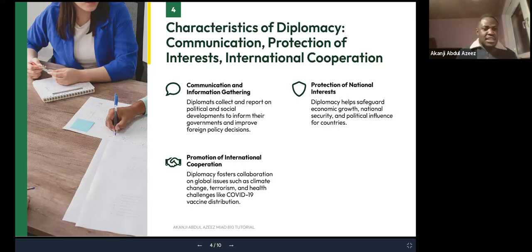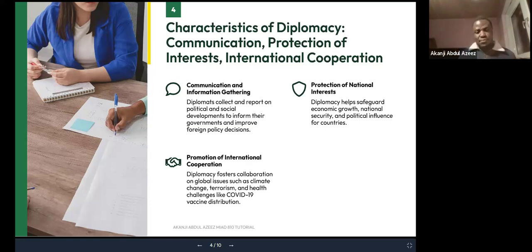The next one we have is promotion of international cooperation. Diplomats also encourage cooperation between countries, because many global problems cannot be solved by one country alone. There are some problems that are global, which need many countries to come together to solve.